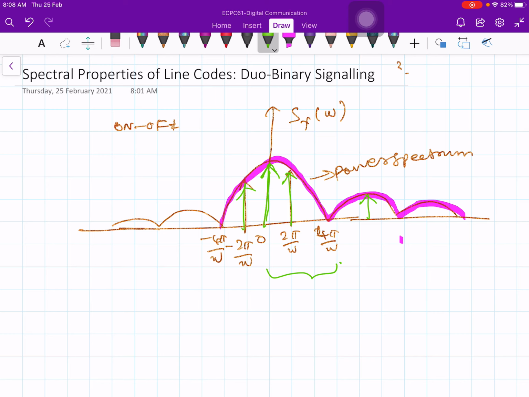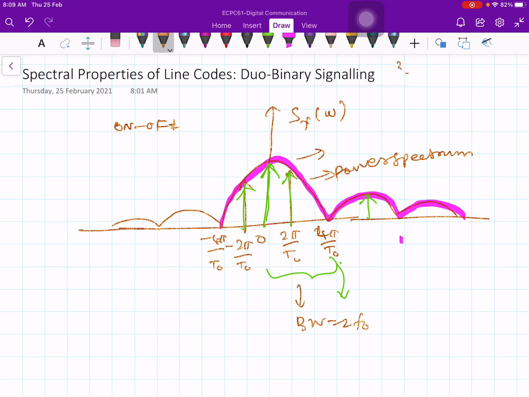This is my bandwidth. So this 4 pi by this is not w, I am sorry, this is T0. If I consider the bandwidth to be the width of the main lobe, then the bandwidth is going to be 2 times f0.